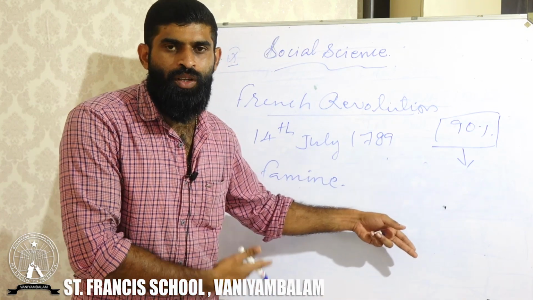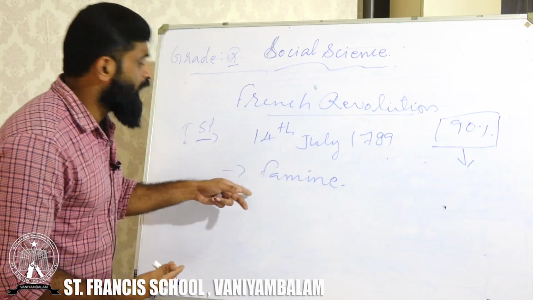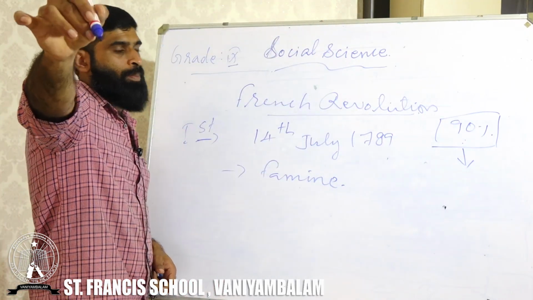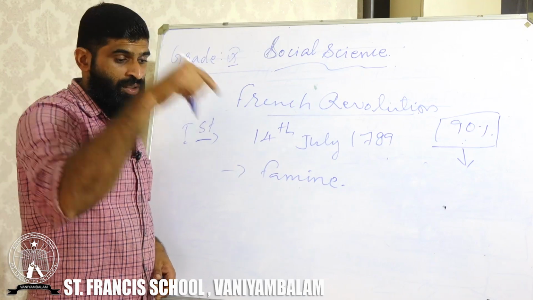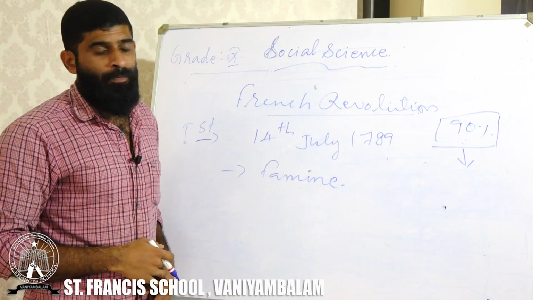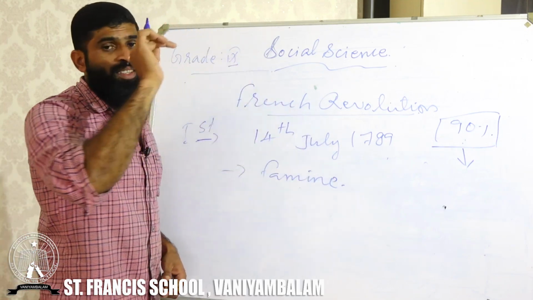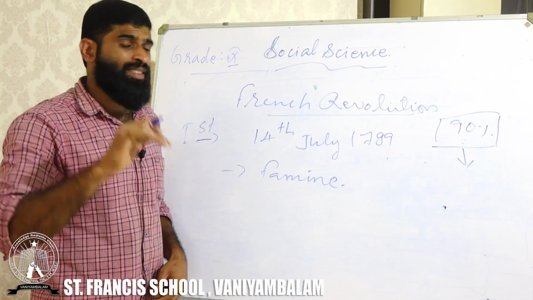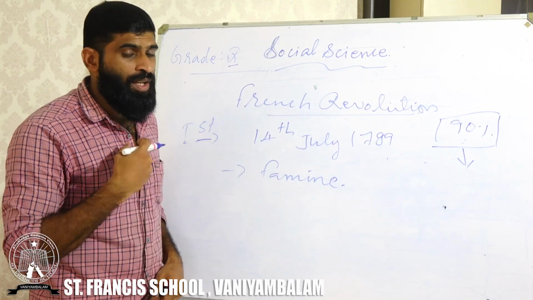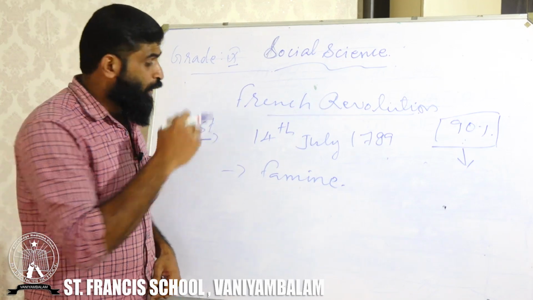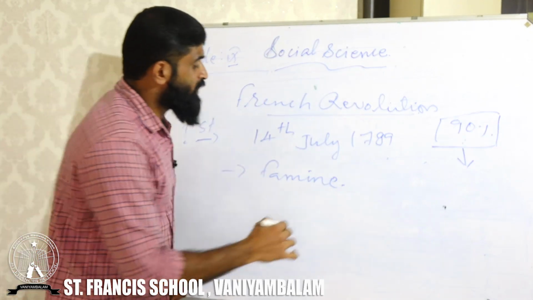Right? So the French common people, remember, 90% of the common people could not concentrate on their own work. So they could not produce anything. So the price of the essential commodities rose. At present for us, rice is an essential commodity. Is it? For them, the essential commodity was bread.